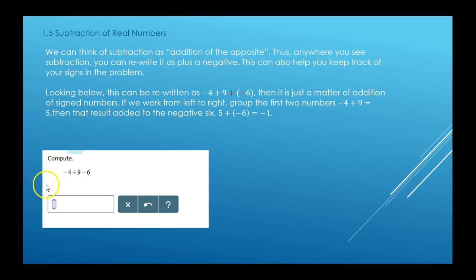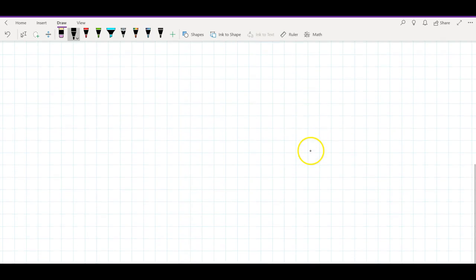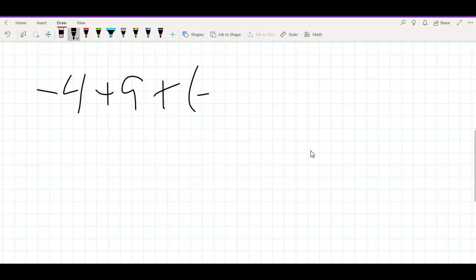Looking at our problem here, we have negative 4 plus 9 minus 6. We can easily rewrite that as negative 4 plus 9 plus a negative 6. Then, if we start on the left, negative 4 plus 9 gives us a positive 5.